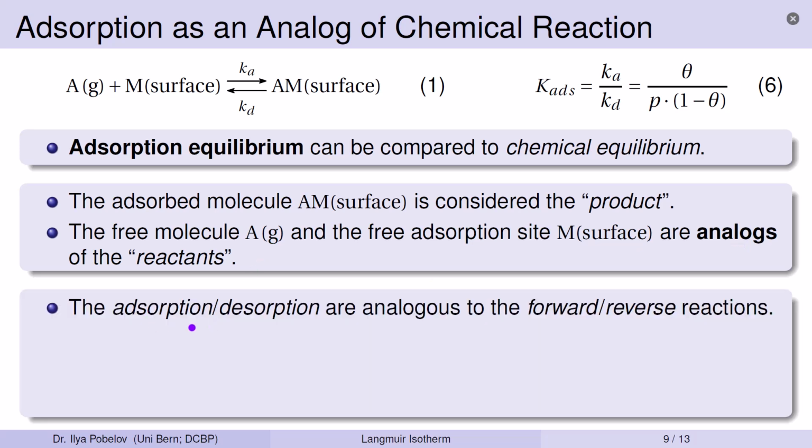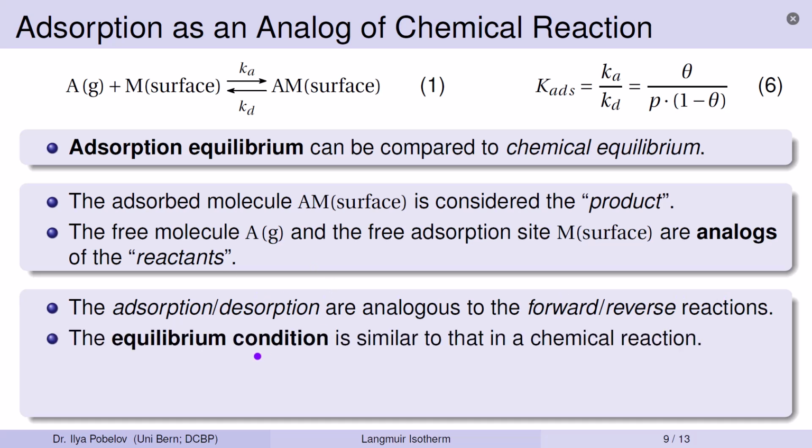The adsorption and desorption processes are analogous to the forward and reverse reactions, respectively. The equilibrium condition in adsorption is similar to that in a chemical reaction, where the rate of the forward reaction, adsorption, equals the rate of the reverse reaction, desorption.